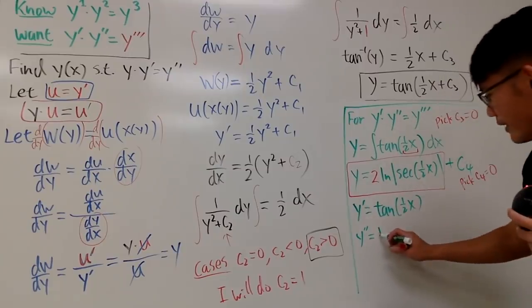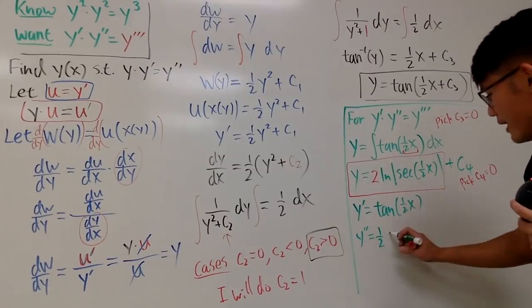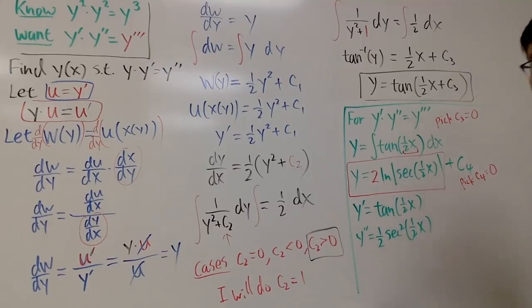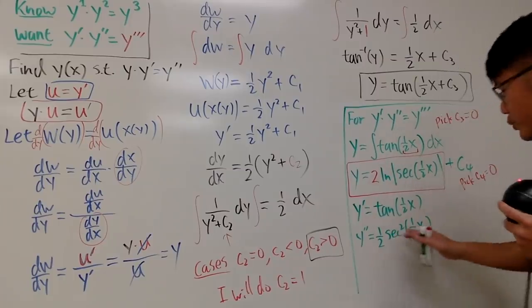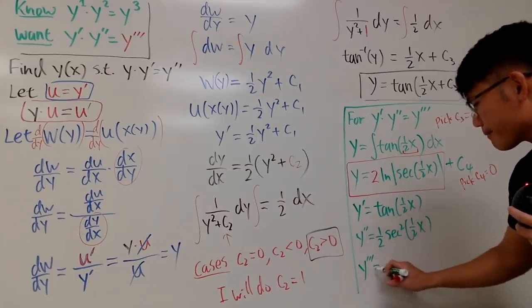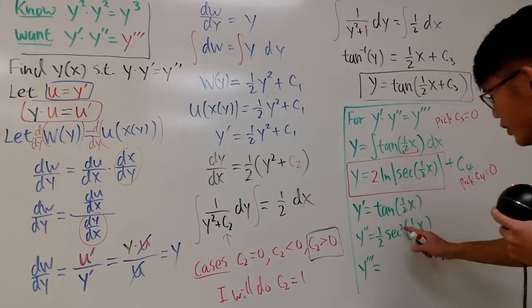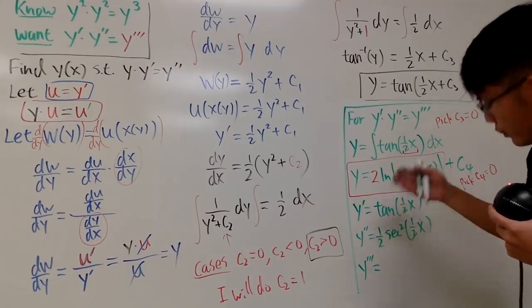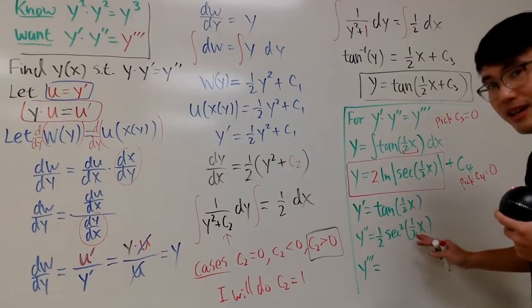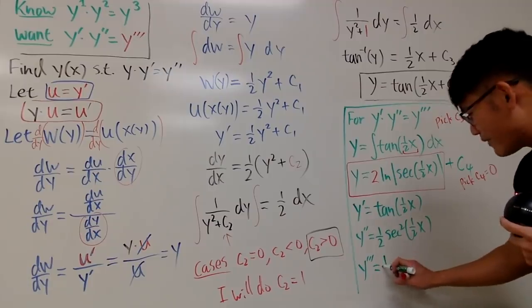Well, you end up with 1/2 because of the chain rule from here, and then you end up with the secant square of 1/2 x, like that. And if you do the usual technique to differentiate this again, y triple prime, you bring the 2 to the front and you get 2 times 1/2 is just 1. But later on, you are going to end up with the chain rule again, right? So you still have the 1/2.